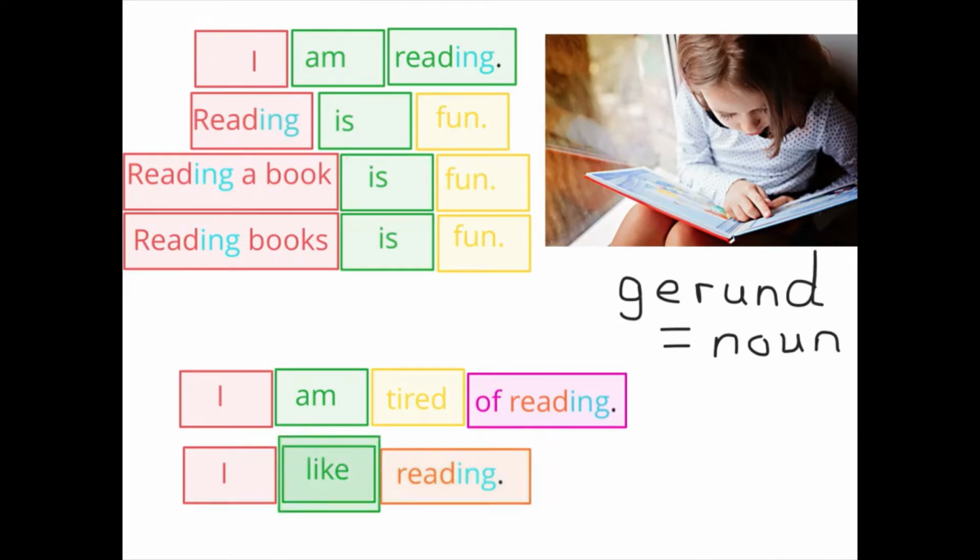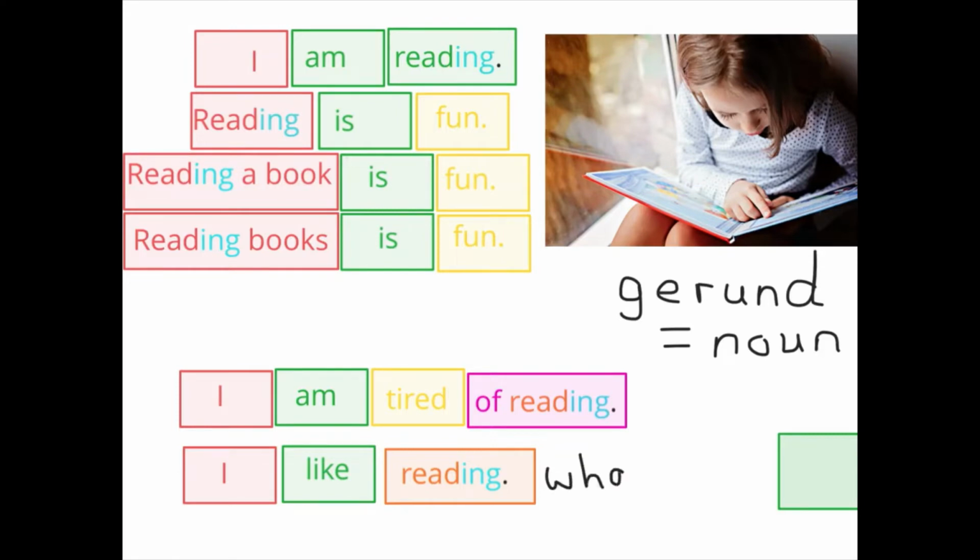So if we look at here, in this sentence, I is the subject, like is the verb. I like what? What do I like? Well, the answer to the question what is a noun. So here reading is what I like. It answers the question what?